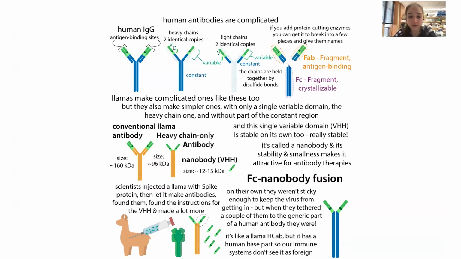In terms of the animal sources, if you're isolating B cells, that's often done in mice. But for polyclonal, where you want more of the blood, you use bigger animals like rabbit and goat and things like that. Those animals have antibodies that are pretty similar to ours.